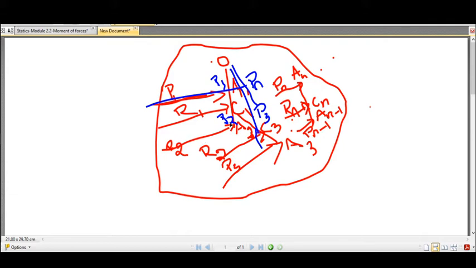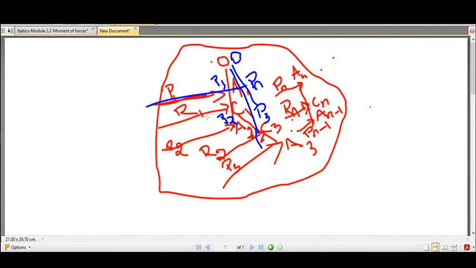Similarly, small b2, which I differentiate here with blue color, is the perpendicular distance from the fixed point O to the force B2. Likewise, small b3 is the perpendicular distance from the fixed point O to the force B3.